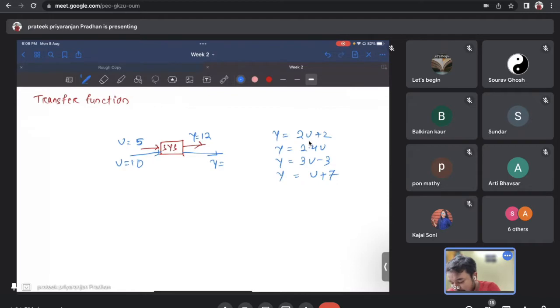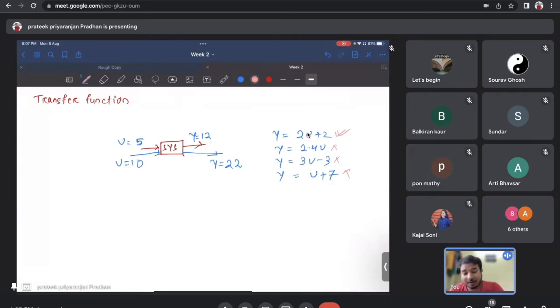Just assume it's 22. When I check which equations are satisfied, I can see only this equation is satisfied, and the rest are not. Can I be sure the system equation is y equal to 2u plus 2? No, because there might be some other property; just by two inputs I cannot define it.